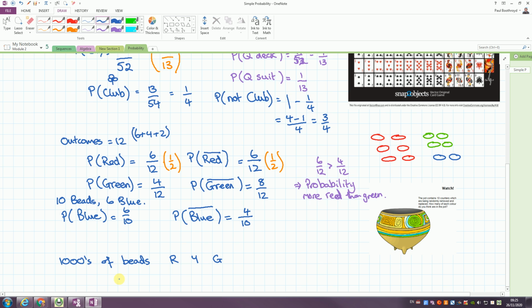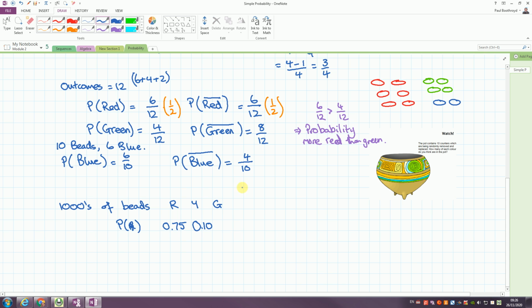We get told the probability of red as a decimal number is 0.75. The probability of yellow is 0.10. And to work out what the probability of green is, using a calculator, we know that the total must always be 1 or 100%.